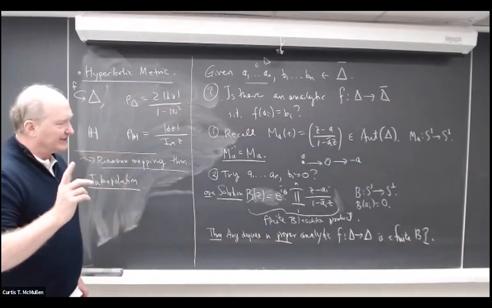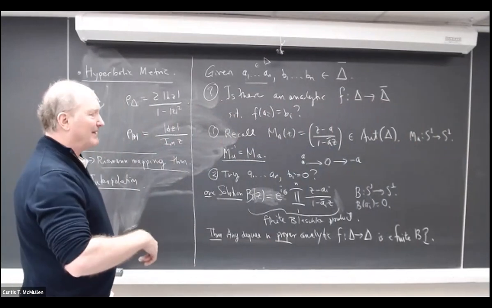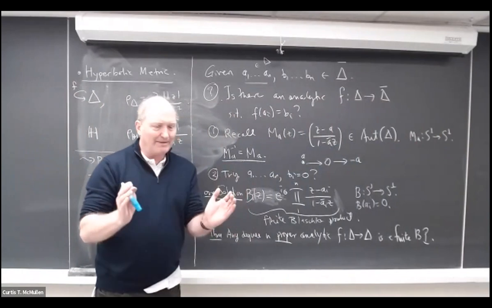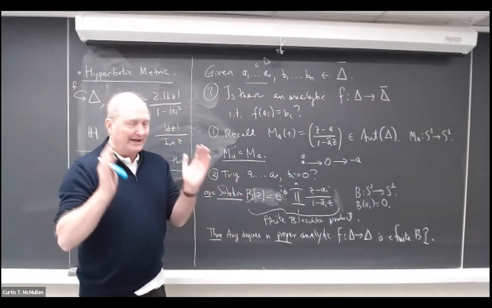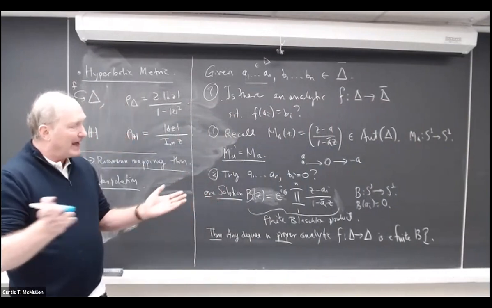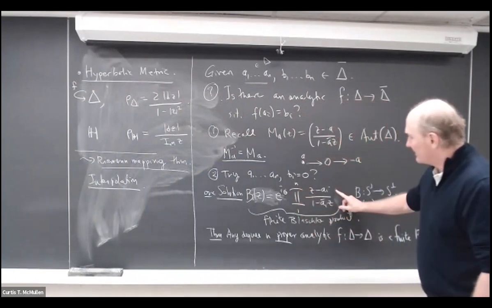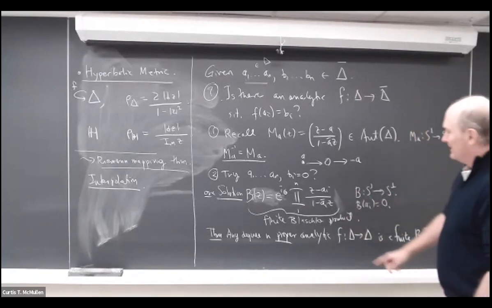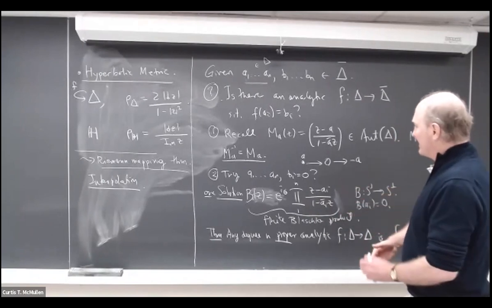But also, it's nice to keep in mind, proper means the pre-image of a compact set is compact. So in particular, the pre-image of 0 is a compact subset of the disk, but the zeros of an analytic function are discrete. And a discrete set that's also compact is finite, and that's this number n. The number of zeros of a proper analytic map is an invariant. It's called its degree if you count them with multiplicity, and every such map has this form.